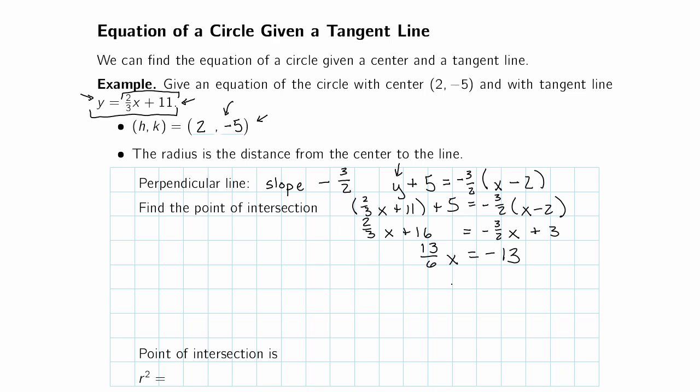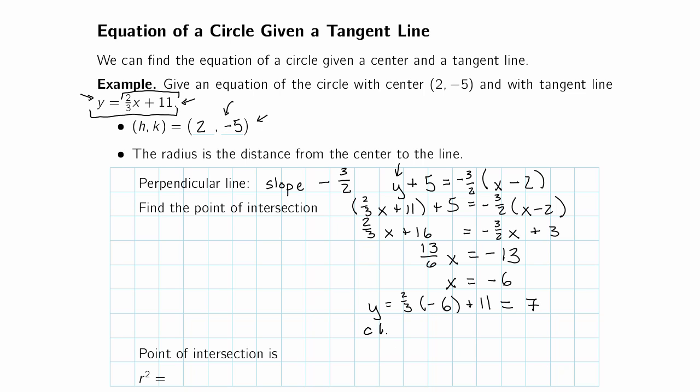Dividing both sides by 13/6, we have x equals -6. To find the value of y, we have y equals 2/3 times -6 plus 11. Having the calculator do the heavy lifting for us again, we get y equals +7.